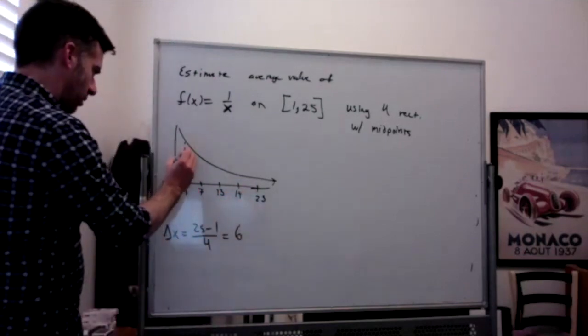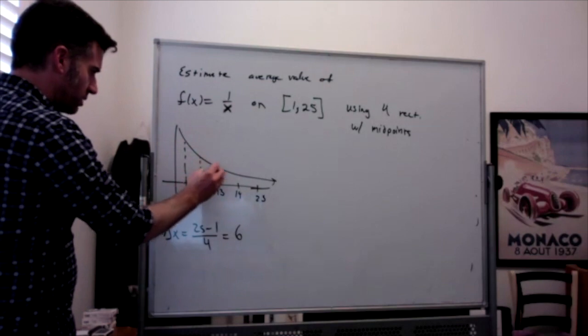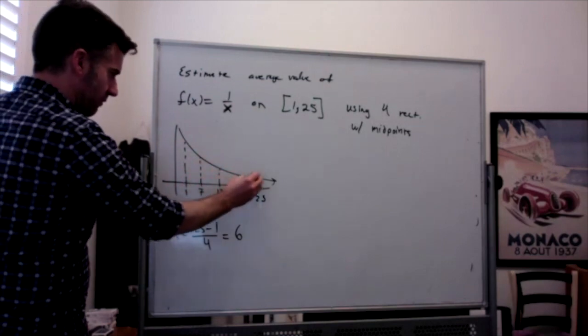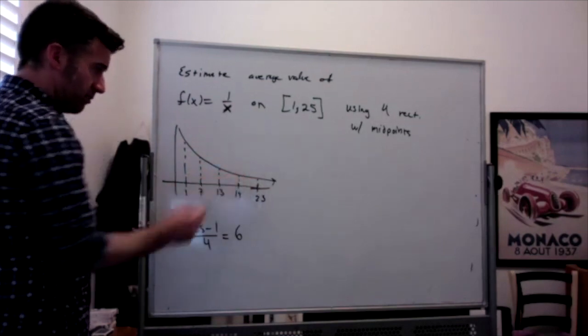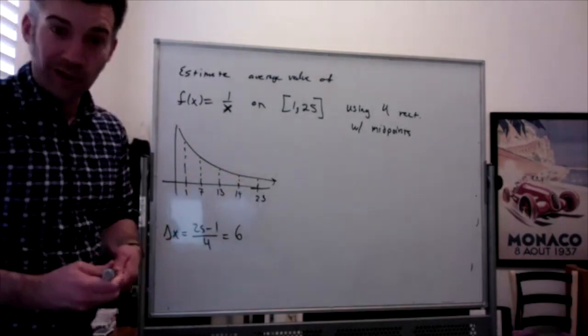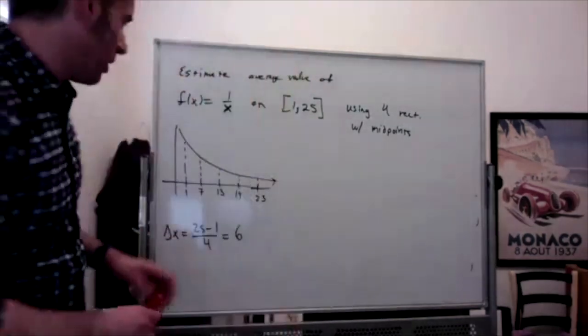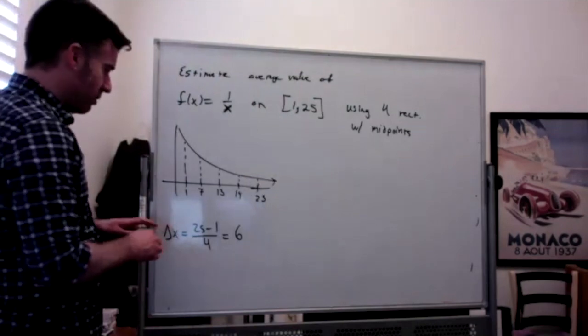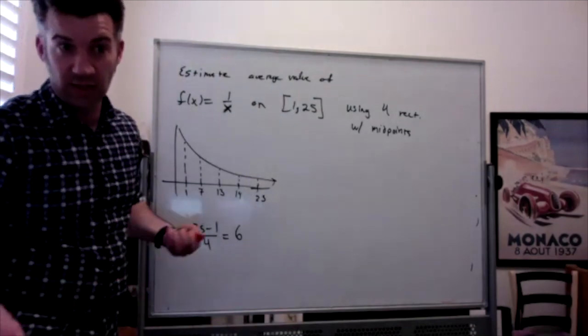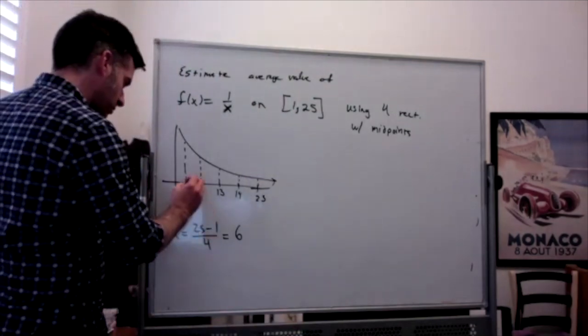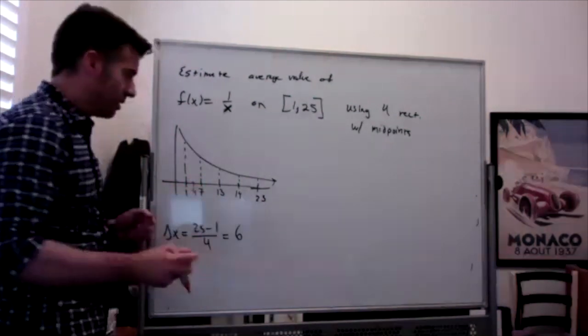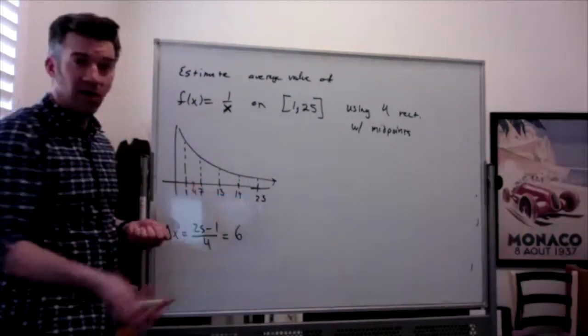So these are the regions I'm trying to estimate the areas of, here, here, here, and here. And again, we're using midpoints to do that. So I have to take the midpoint of each subinterval. The midpoint of 1 and 7 is the average of 1 and 7, which is 4. And the nice thing is, if you know how far apart the endpoints are, you know how far apart the midpoints are.